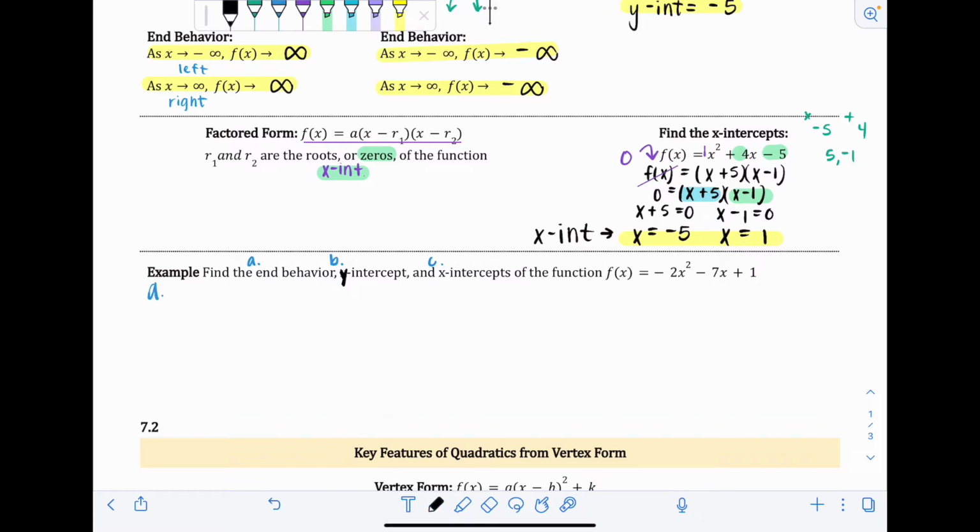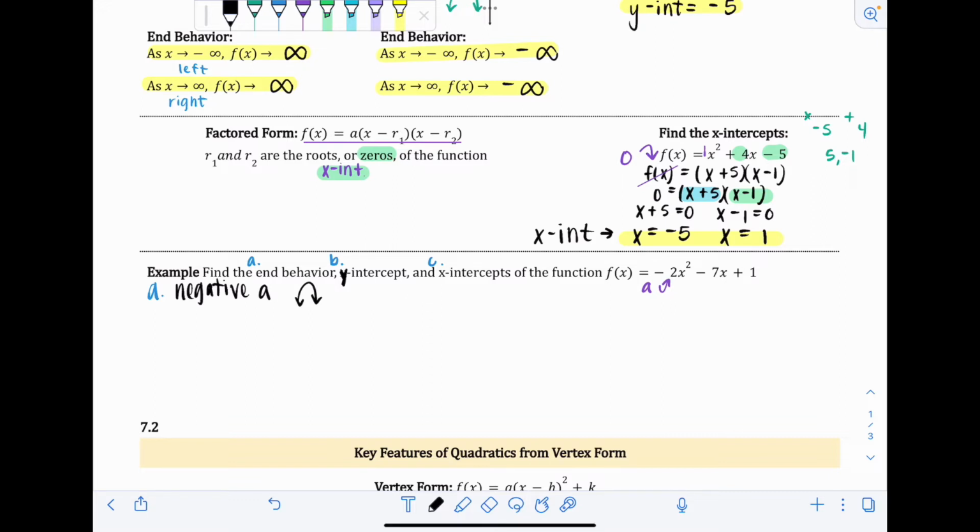So for A, for the end behavior, we're really just looking for one thing. We're looking for if the A value is positive or negative. So our A value is -2. So it's negative. So we have a negative A. And that tells us all we need to know for end behavior. If it's a negative A, the graph is opening downward.